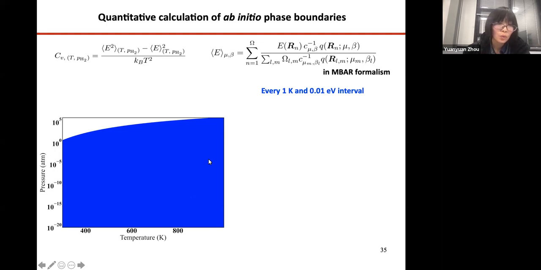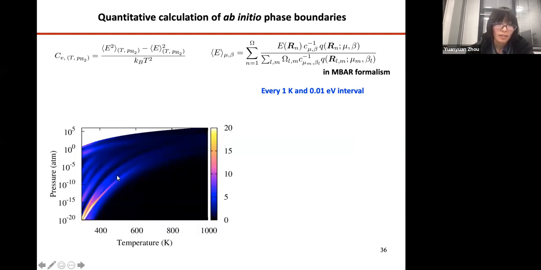This blue region is the TP region sampled by IGC. The white one is beyond the IGC sampling. This is determined by the temperature range and the chemical potential range we selected. And we estimate the heat capacity at every 1 Kelvin and every 0.01 eV interval.